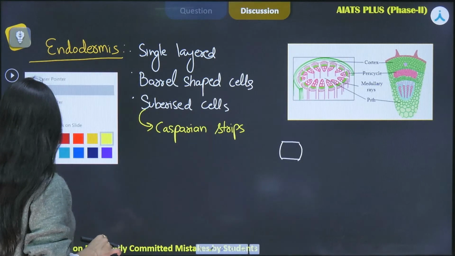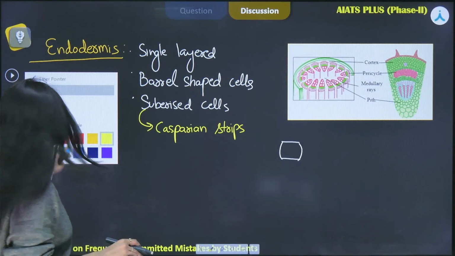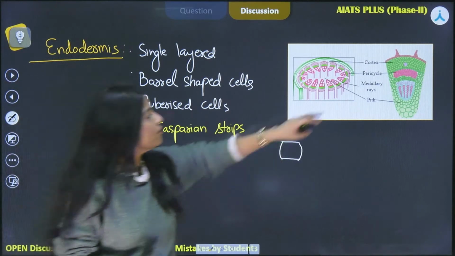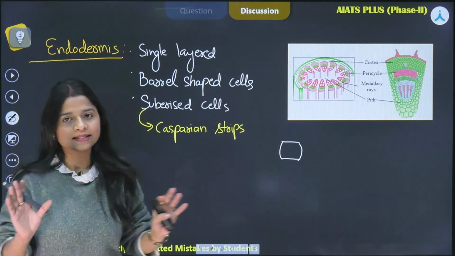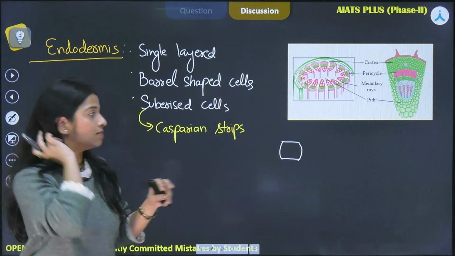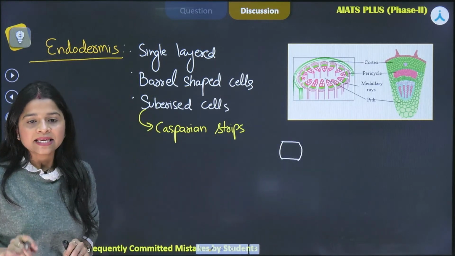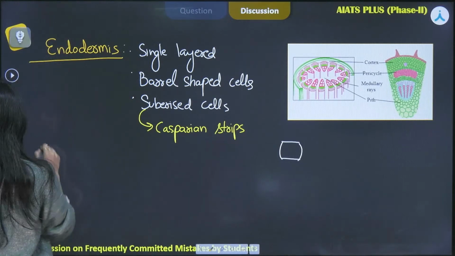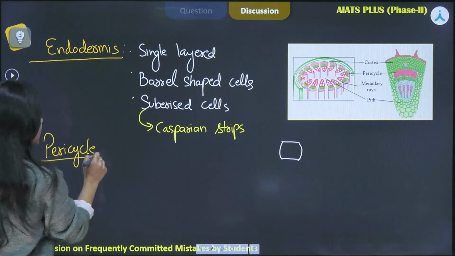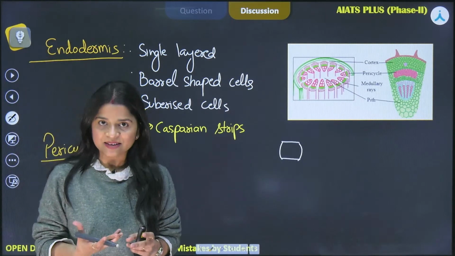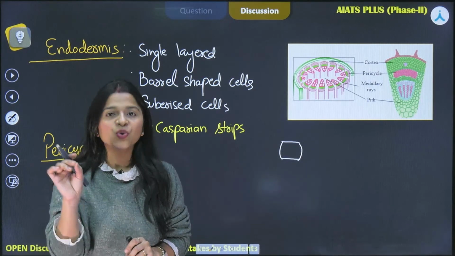Now, I'm discussing the ground tissue with you. The ground tissue comprises the cortex part, and till endodermis, cortex is covered. The next layer that comes is that of pericycle. Now, in case of a dicot stem, the pericycle is present in the form of semi-lunar patches.